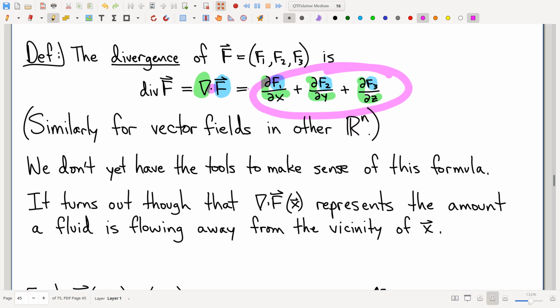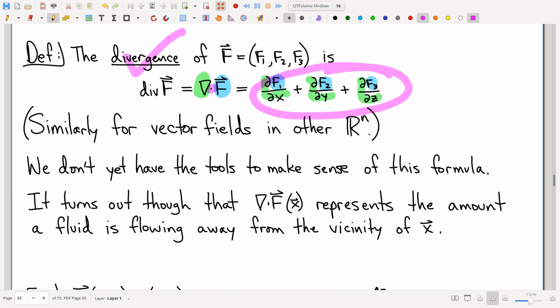And it turns out, again, with massive hand waving, and we'll be able to justify this much better when we get to chapters 6 and 7, this is actually a very natural and meaningful and important thing. So, in particular, it's called the divergence of a vector field.